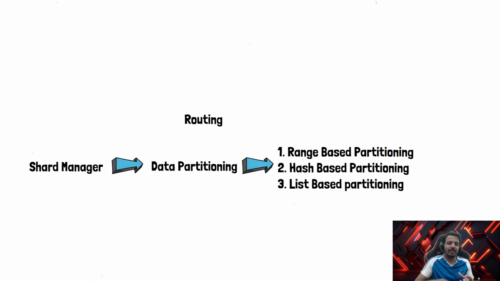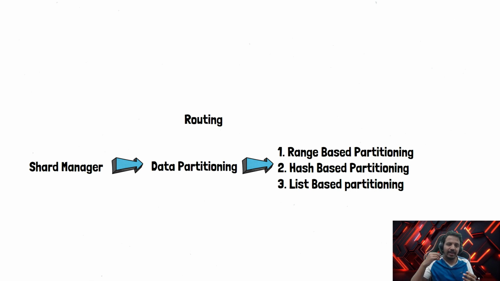This routing is handled by the shard manager. The shard manager does data partitioning, and with the help of a routing algorithm it makes sure which record goes where, so that even when performing a read, it knows where to redirect the request. The different types of partitioning are range based, hash based, and list based.